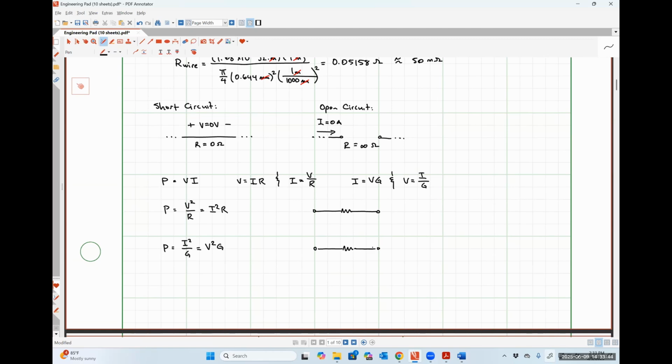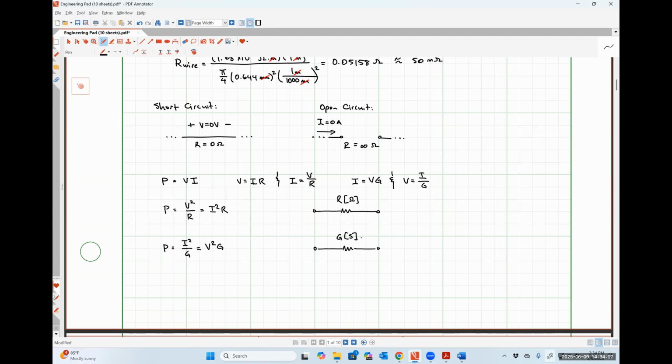And lo and behold, they're literally the exact same thing. The way that you're going to be able to tell the difference between a resistance and a conductance is by the units that are describing it. So here we should have R measured in ohms, and here we would have G measured in Siemens.